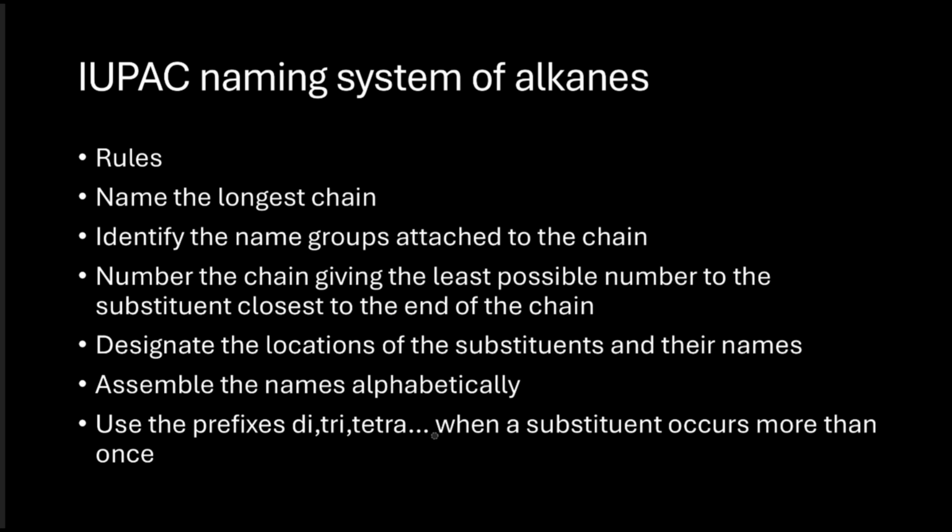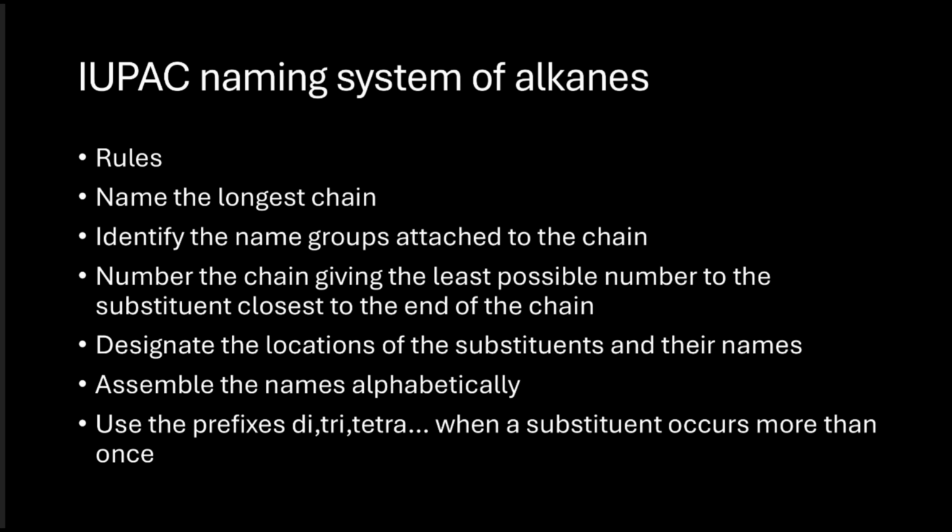Let's move on to the IUPAC naming system of alkanes. The IUPAC naming system follows rules, and the first is we have to name the longest chain. When we are given the chain, we have to identify and then name the longest chain.